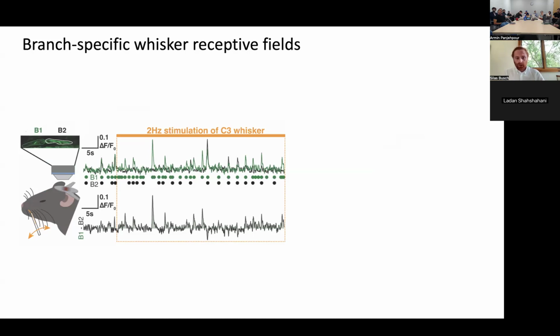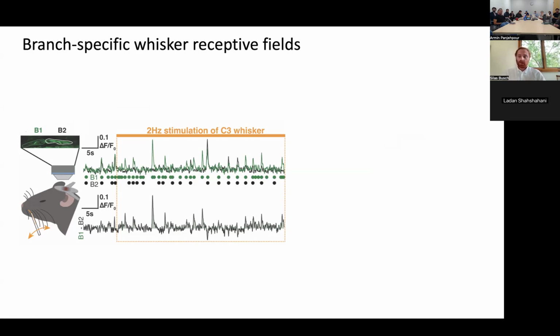But what we landed on was the whisker receptive field, which is highly reproducible across animals and across experimenters. And we know that climbing fibers tend to represent one or a small number of whiskers.